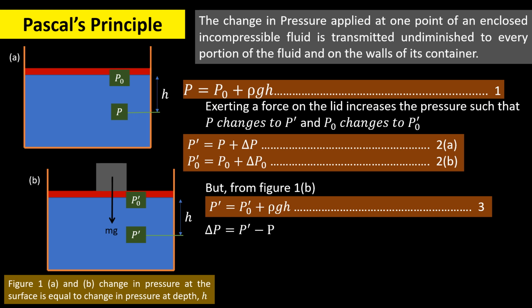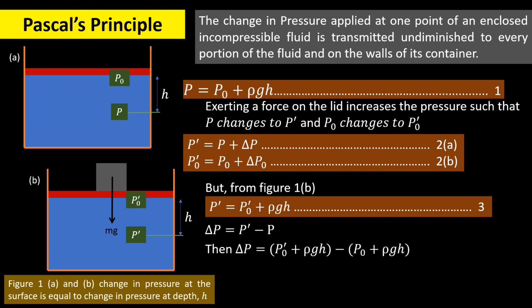So delta P, from equation 2a, should be equal to P prime minus P. It's just a rearrangement.